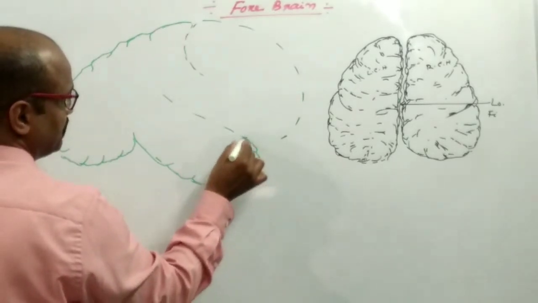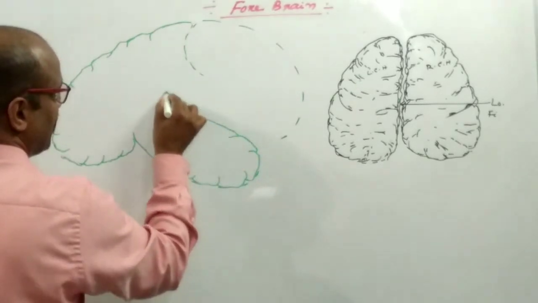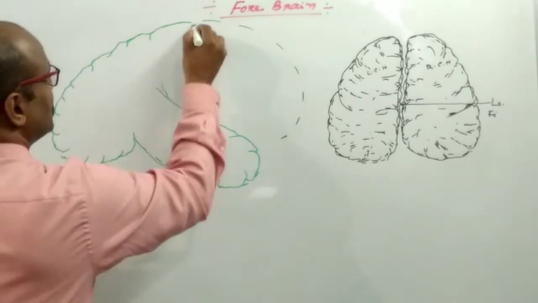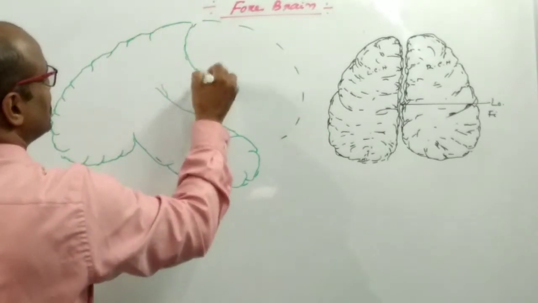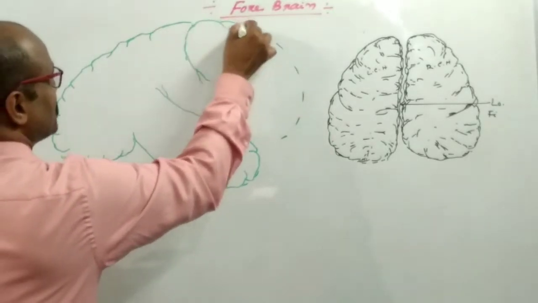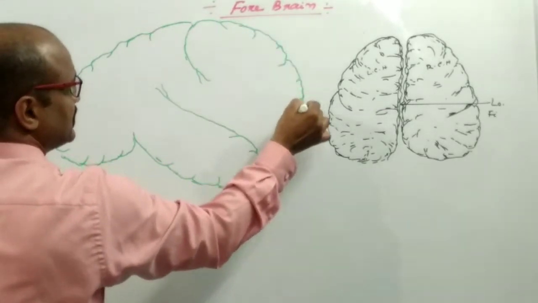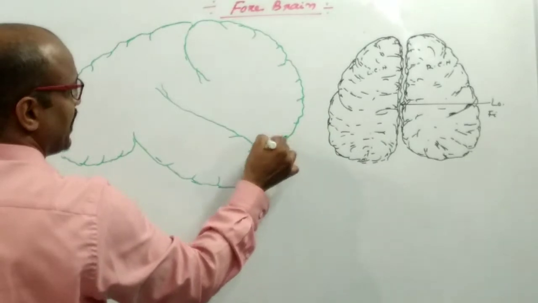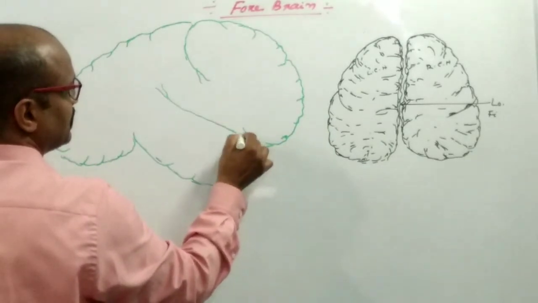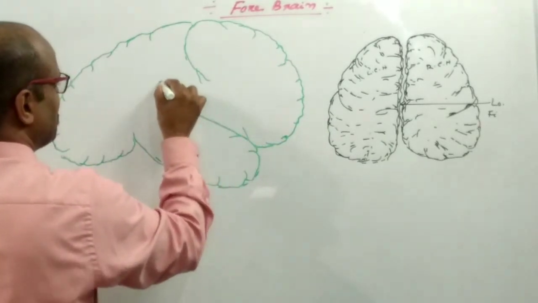This is the structure of the cerebrum. This is the lateral figure of the cerebrum.